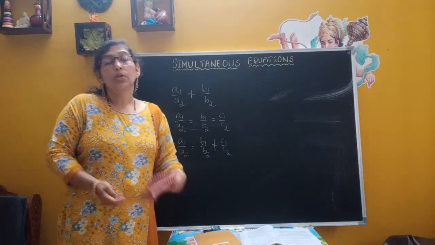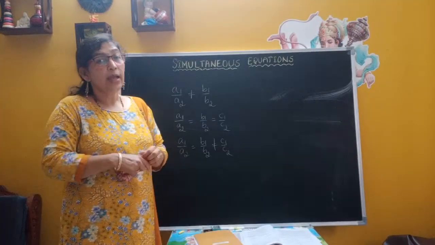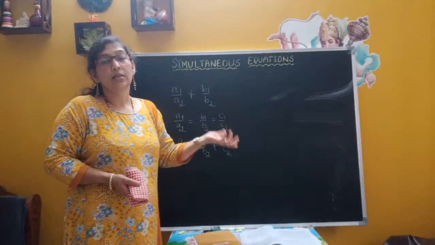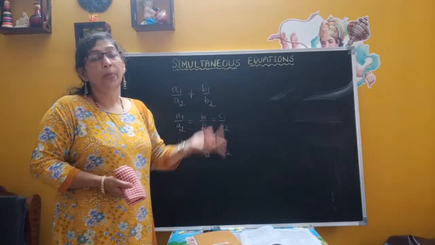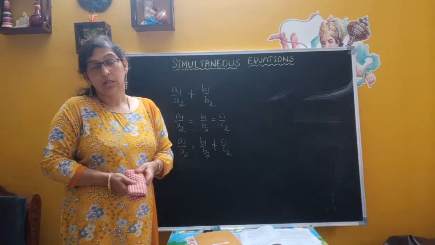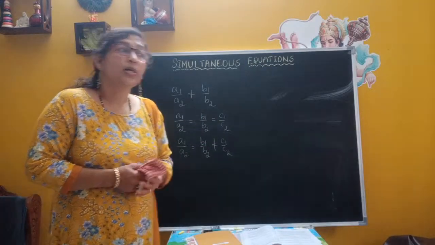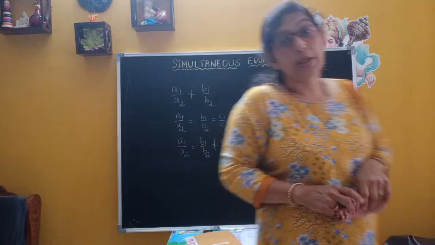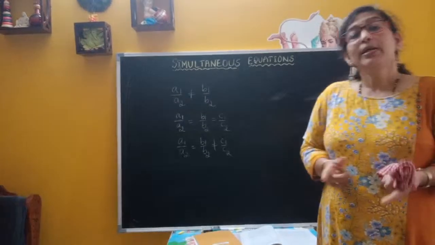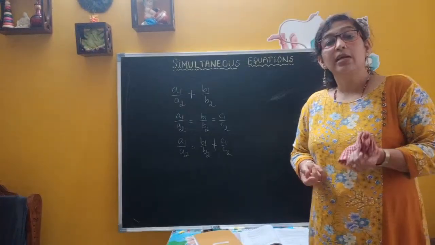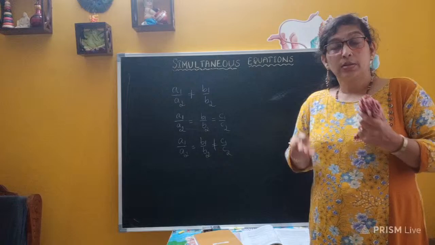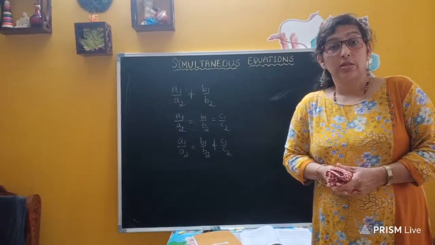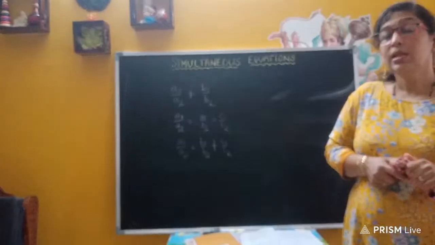Today let us continue with the topic: how to find the solutions for the given pair of linear equations. There are two methods. The first method is the algebraic method; as the name says, here we use algebraic techniques to find the solution. The other is the graphical method.